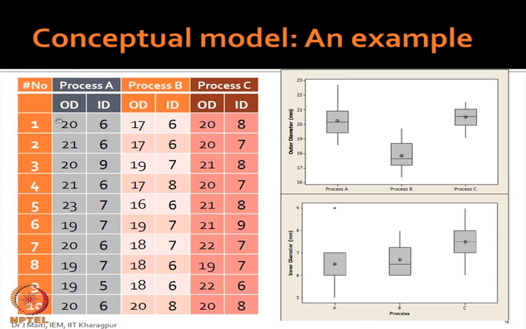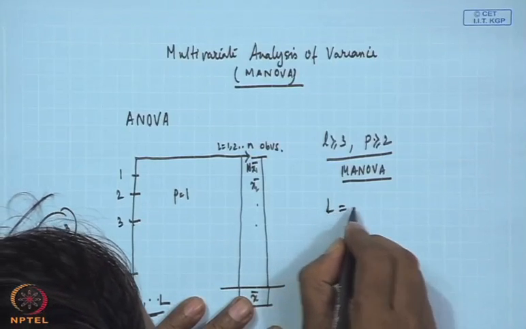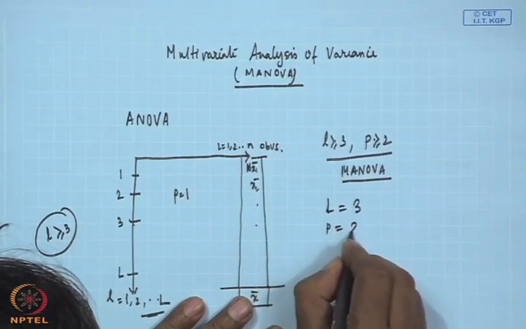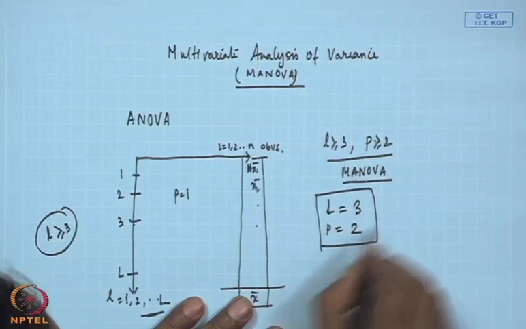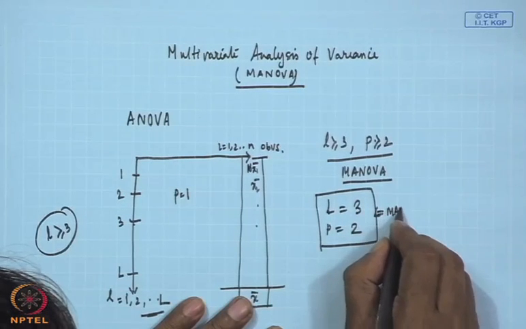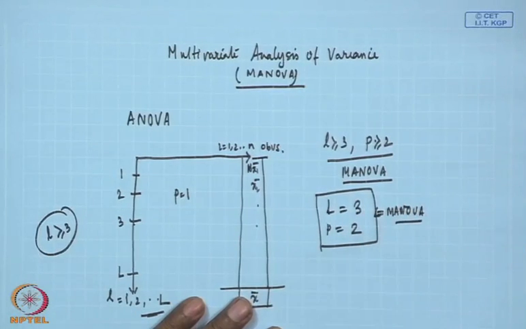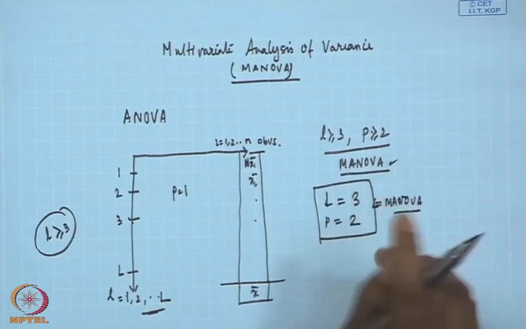So, the steel washers produced by the three processes are measured in terms of two quality characteristics, outer diameter and inner diameter. So, here p equal to 2, and there are three processes, process A, process B and process C. So, our example case is capital L equal to 3 and small p equal to 2. This is a case for MANOVA.